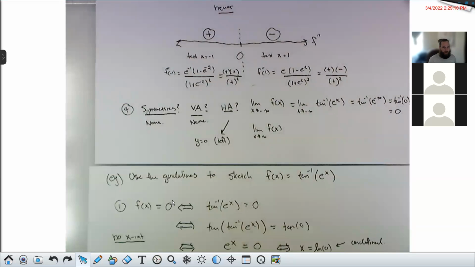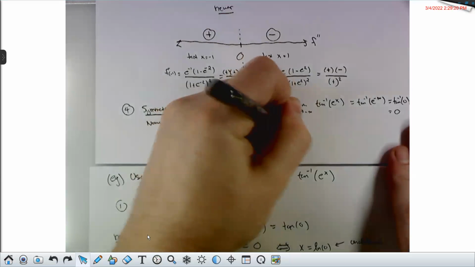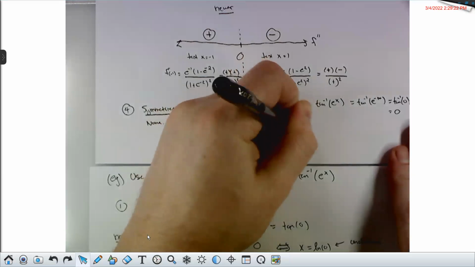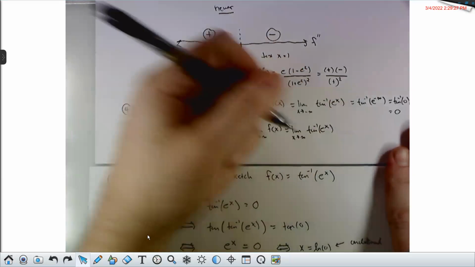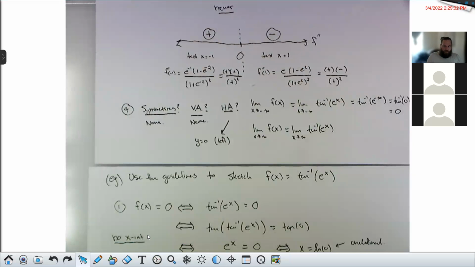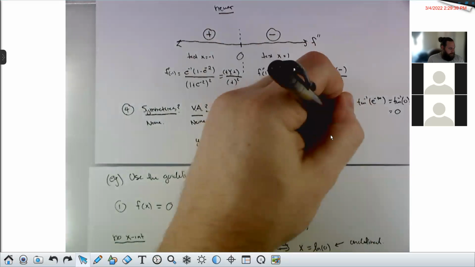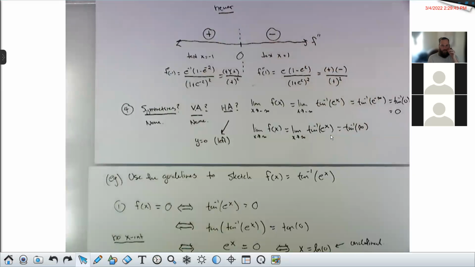What about as x goes to positive infinity? Well, now we're looking at the limit as x goes to infinity of inverse tangent of e to the x. And this is one of those special limits that we played with in the past. As x goes to infinity, e to the x goes to infinity. So you could say that this is the inverse tangent of positive infinity. What is that?